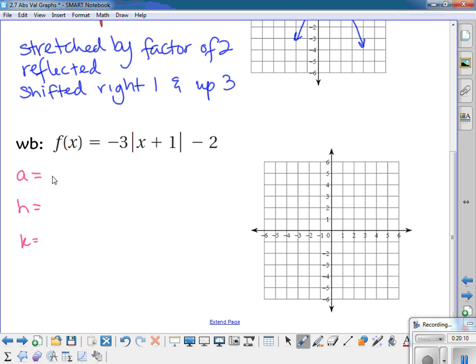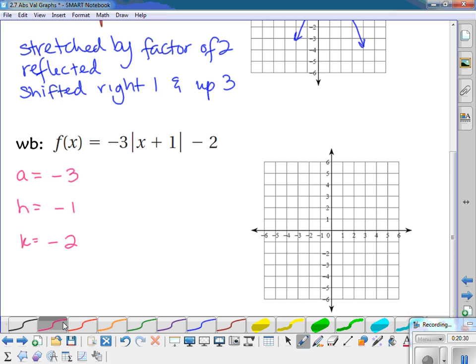So we agree A is -3, H is -1, K is -2. Okay. All right. So you look at A to tell you whether it's going to flip over or if it's going to shrink or stretch. This tells you your shift.